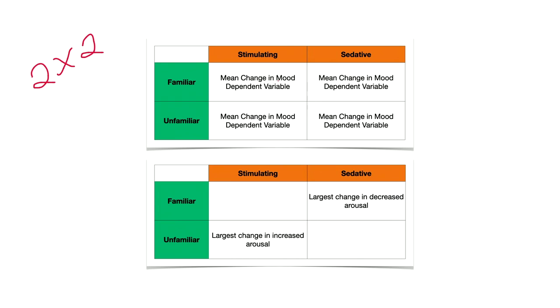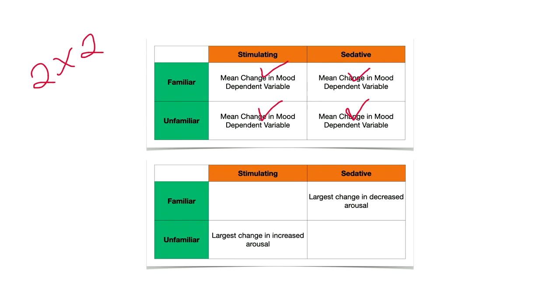There were 4 groups that I measured. I exposed this group to familiar and stimulating, this group to stimulating and unfamiliar, this group to sedative and familiar, this group to sedative and unfamiliar.